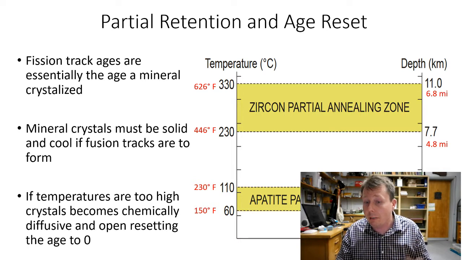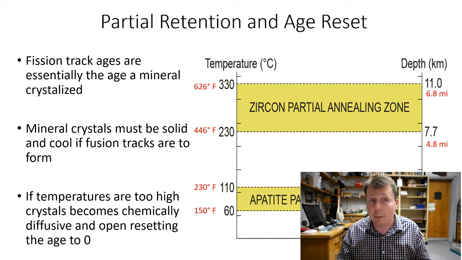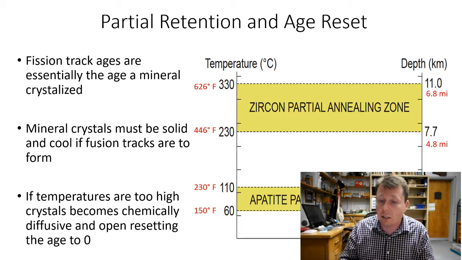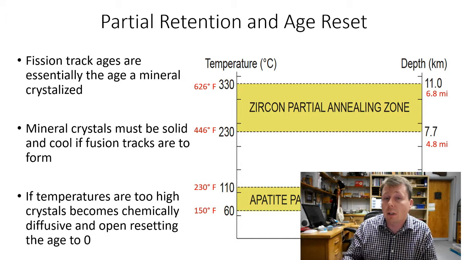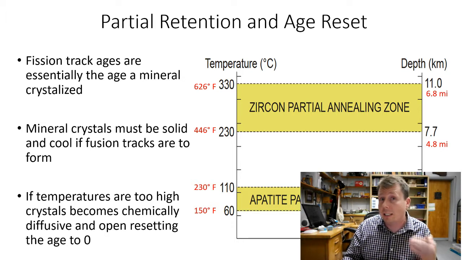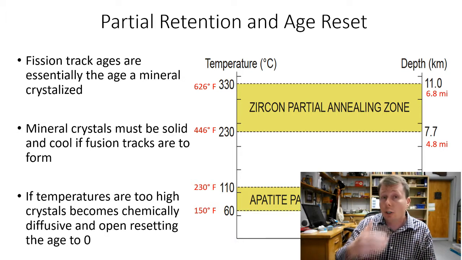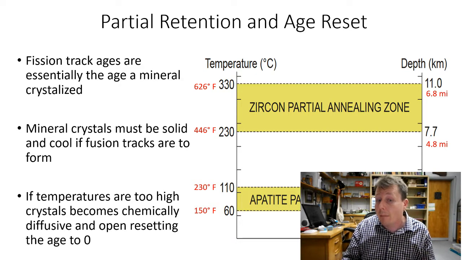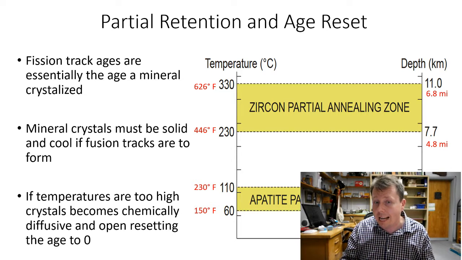So working with apatite, you have to be very delicate and really hope you find a nicely preserved sample, because this annealing zone can be reached between 150 and 230 degrees Fahrenheit. So that's essentially the temperature of a hottest day to half the temperature of your oven. You probably bake things in your oven at hotter temperatures than apatite will be weakened at. So we want to watch out for that.